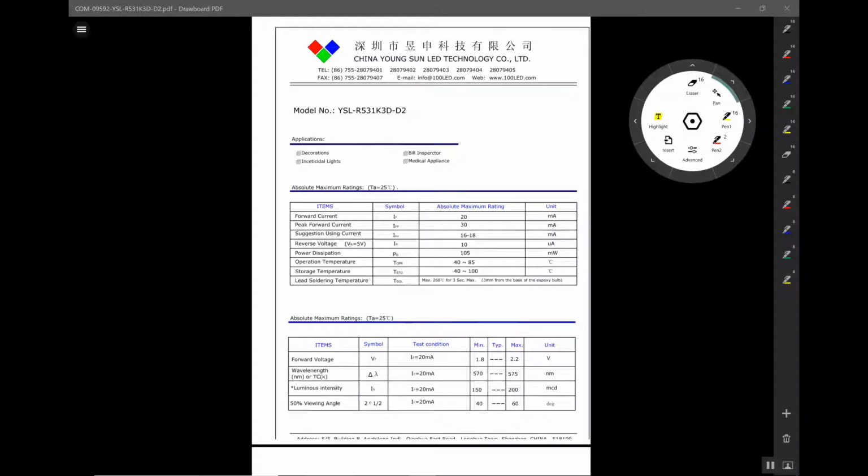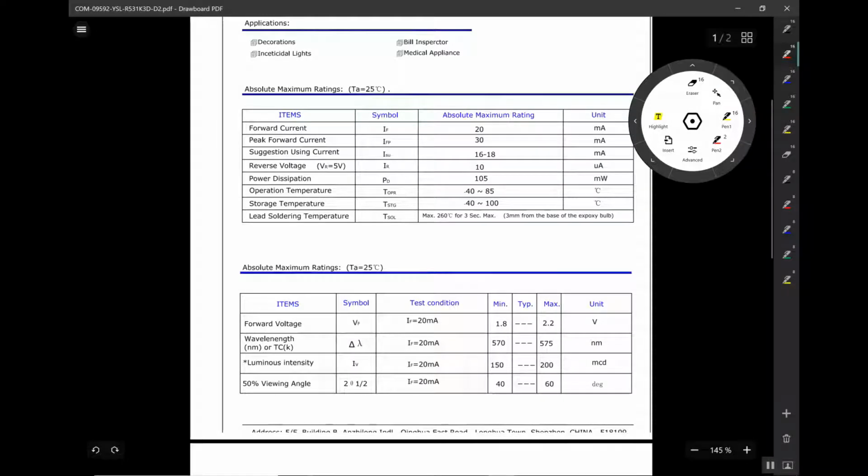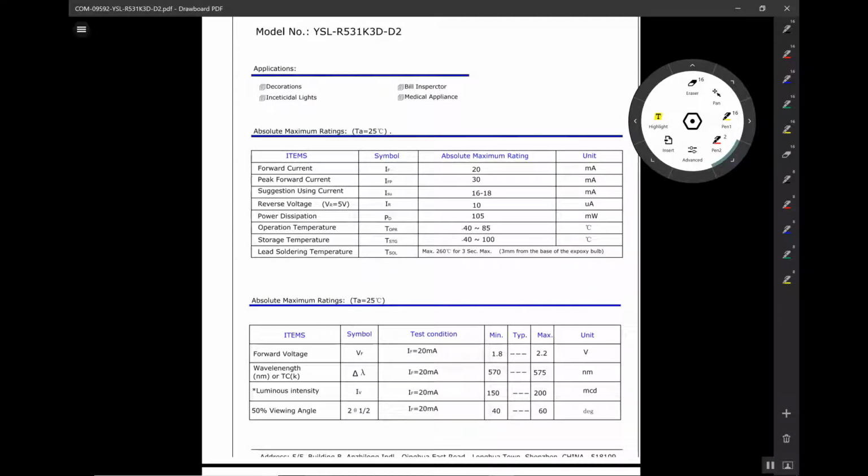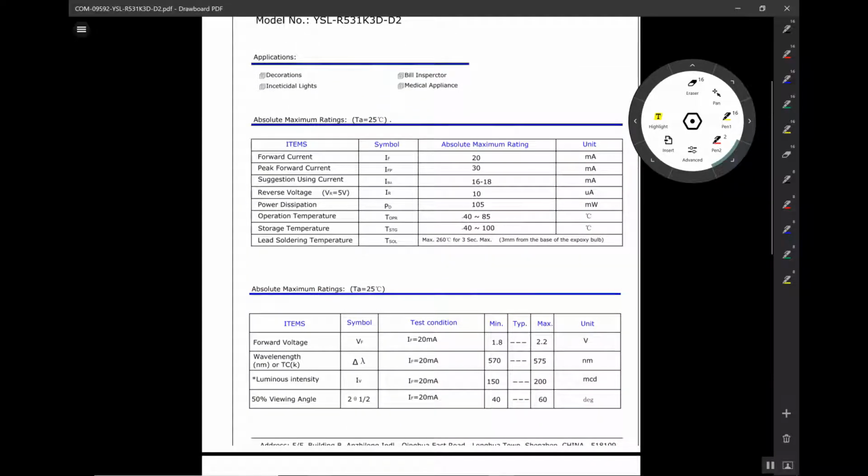Okay, here's that data sheet in another application where we can zoom in and I can mark it up. So the things that we want to pull out of the data sheet here, which tells us how to design a circuit to make this green LED work, is we need to know how much current it needs. So that's in the data sheet here labeled as forward current, and the units are milliamps, 20 milliamps. And we also need to know how much voltage is required. So there's a row down here that says, at this 20 milliamps, the minimum voltage this LED requires is 1.2 volts.